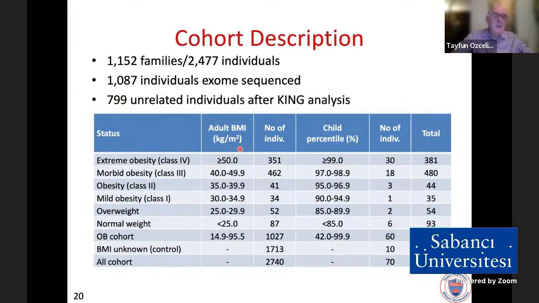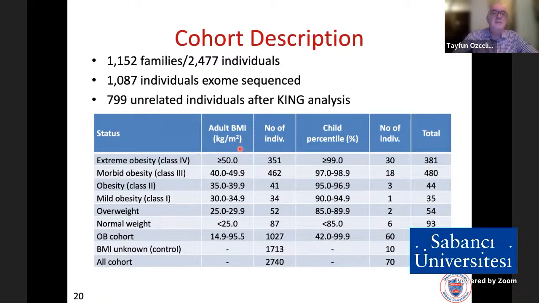So let me give you a cohort description. We have a total of 4,296 genome sequences in our database. This happens to be the largest genome sequence database for the Turkish population, and 830 of them are whole genome sequences, and about 3,500 of them are exome sequences.